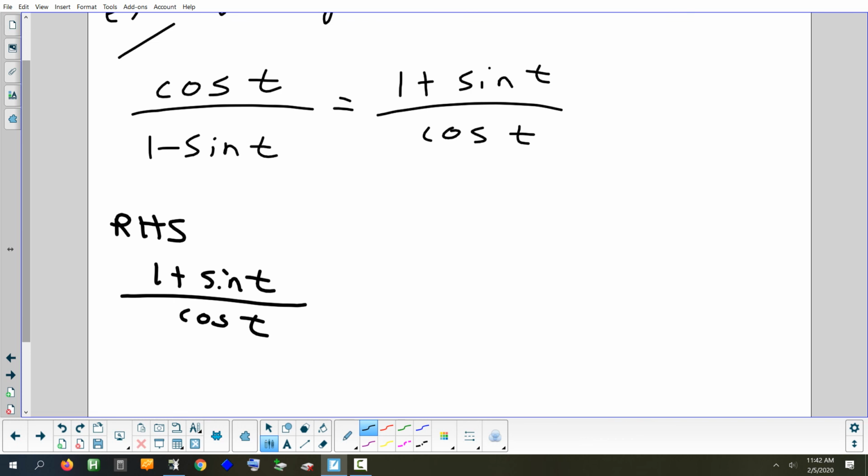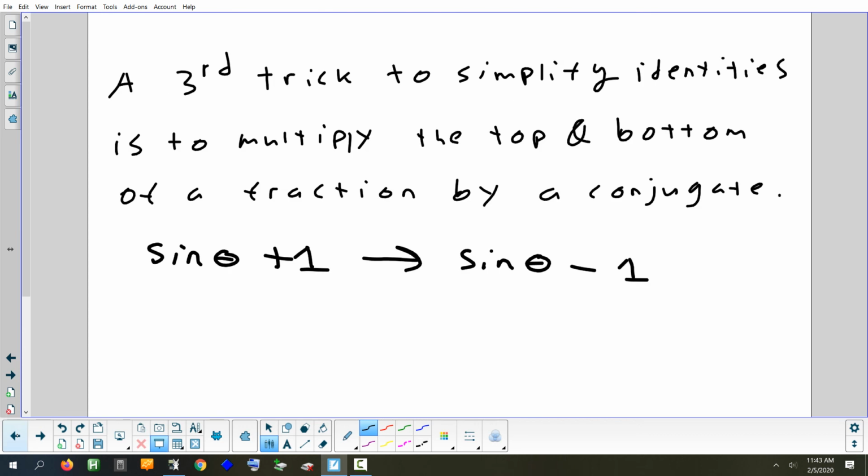Brandon? Multiply by the conjugate. Okay, multiply by the conjugate. What's the conjugate here? So it's going to be kind of like that.